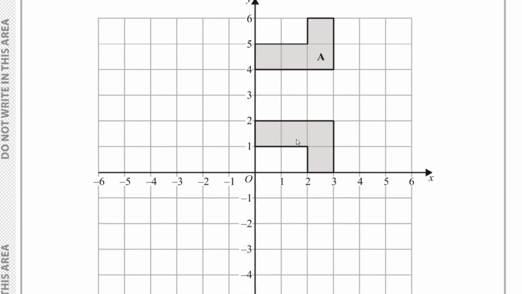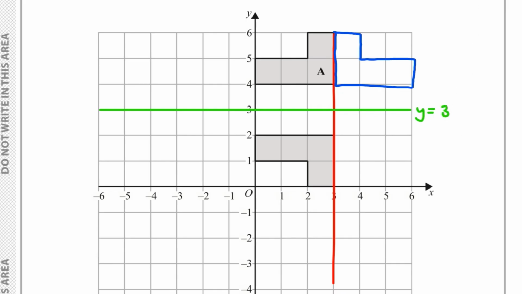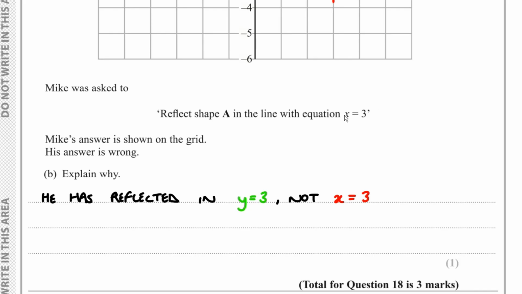So x equals 3 is this vertical line. And if you were to reflect shape A, we would get this shape over here. It's actually reflected in this line of y equals 3. So it's reflected in y equals 3, not x equals 3.